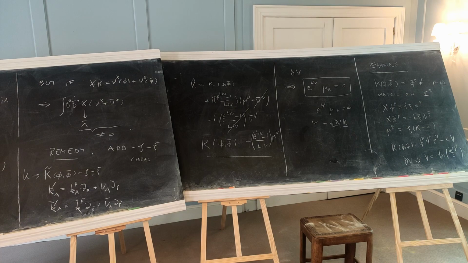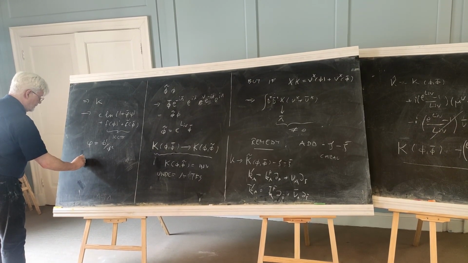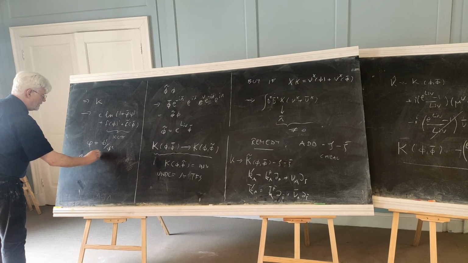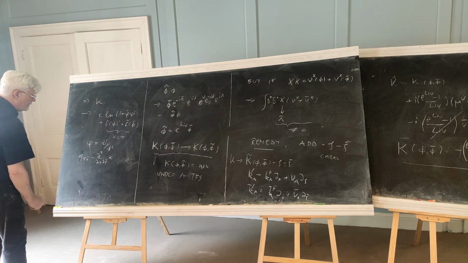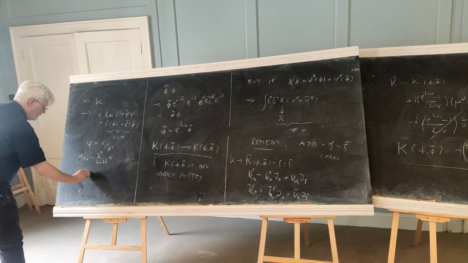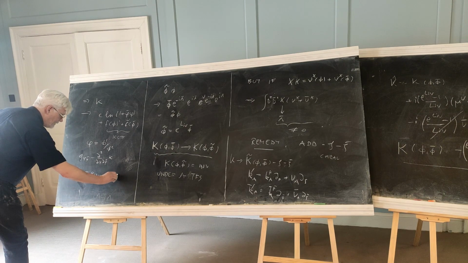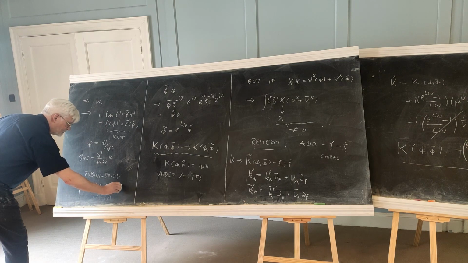So now you found this potential, and then you can find the metric, d to d phi bar. And that is in fact, if you work it out, a Fubini-Study metric on CP1.